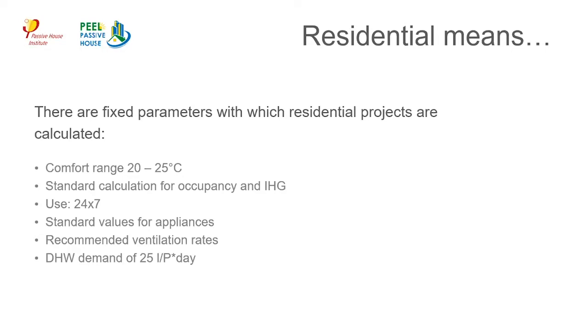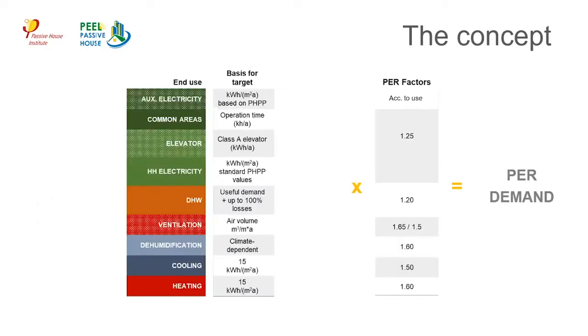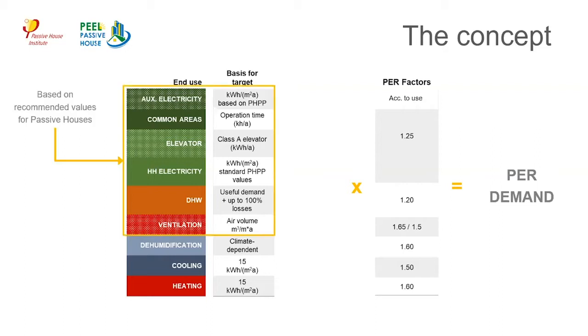So once we take these fixed parameters and we put them together with the other energy uses of the building, then it's quite easy to then have a revised primary energy demand. Again, for most of the uses, we have recommended values, and for dehumidification, cooling, and heating, we base our limits on the criteria that we already have.